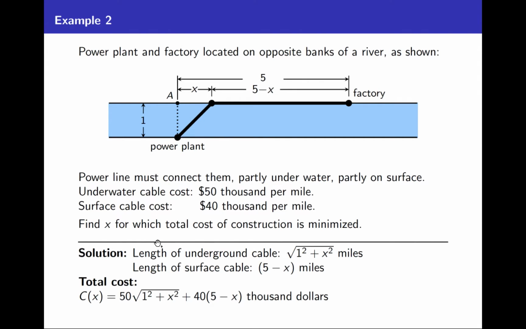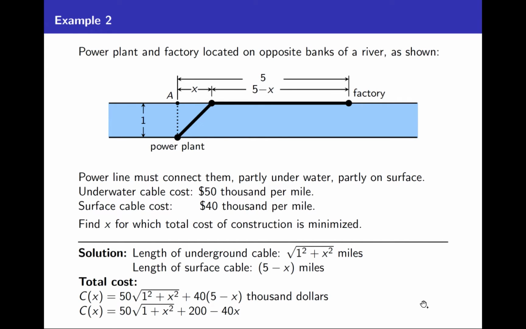For a given x, the total cost of construction is c of x equals 50 times square root of 1 squared plus x squared plus 40 times 5 minus x, in thousands of dollars. Cleaning that up a little bit, c of x is 50 square root of 1 plus x squared plus 200 minus 40x when you distribute the 40 through.